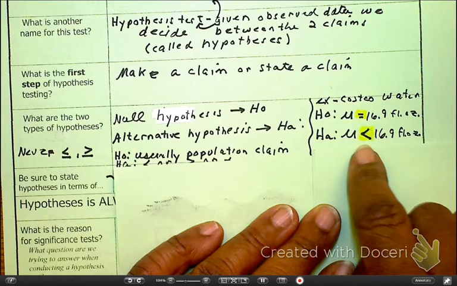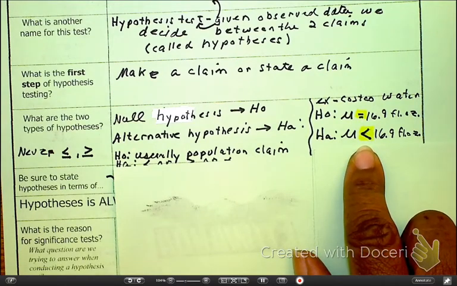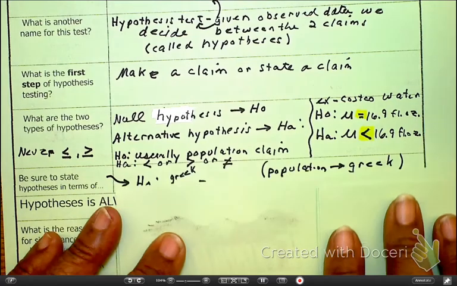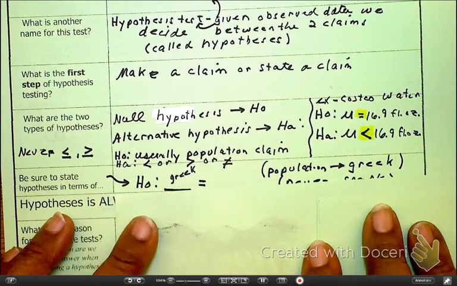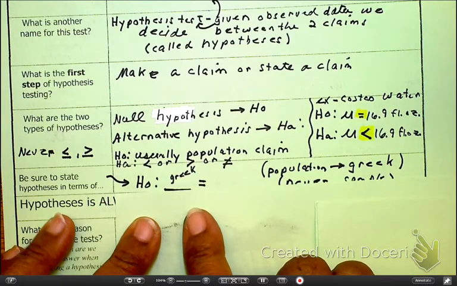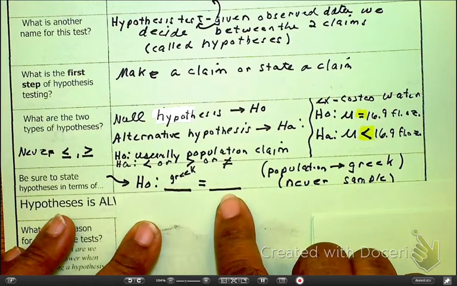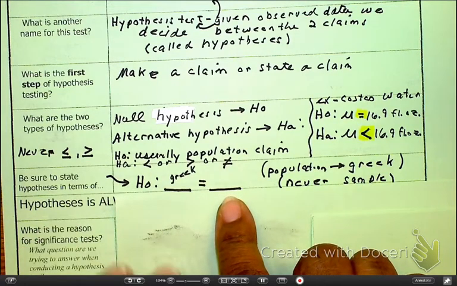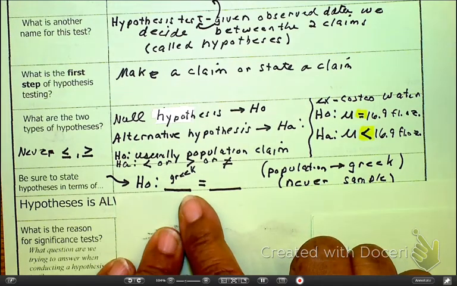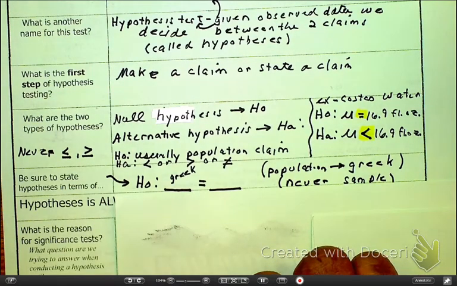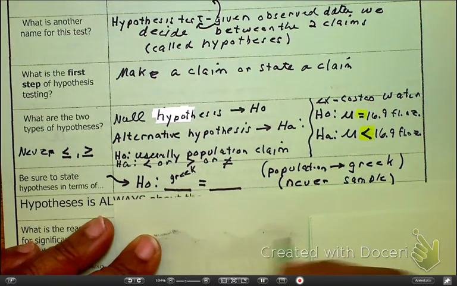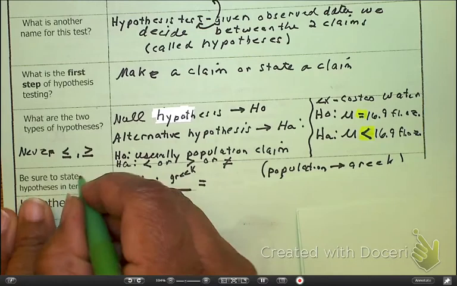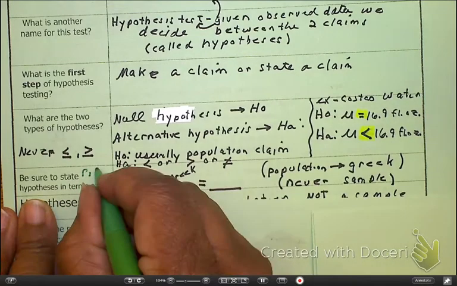The alternative hypothesis is going to be less than. It can even be greater than. One thing we have to do is make sure that the H0 has a Greek symbol equal to something. For the basic one we've talked about today, it can be your mu, it could be your sigma, or, well, this is not Greek, it could be your proportion P. So it can be a P, a sigma, or a mu.